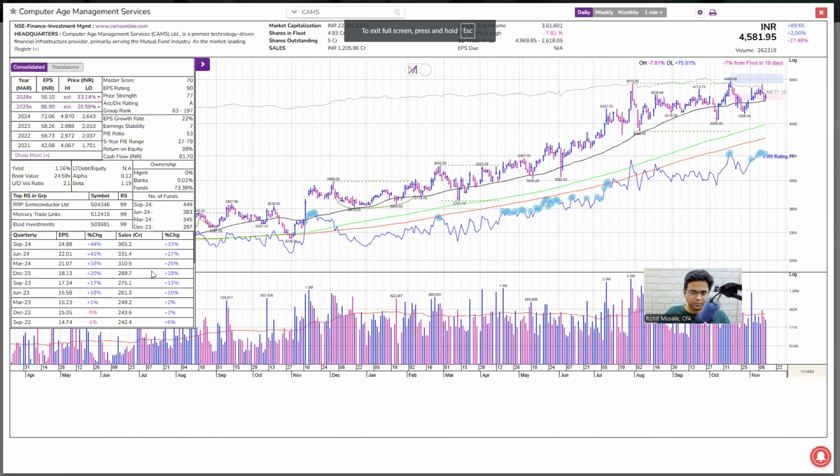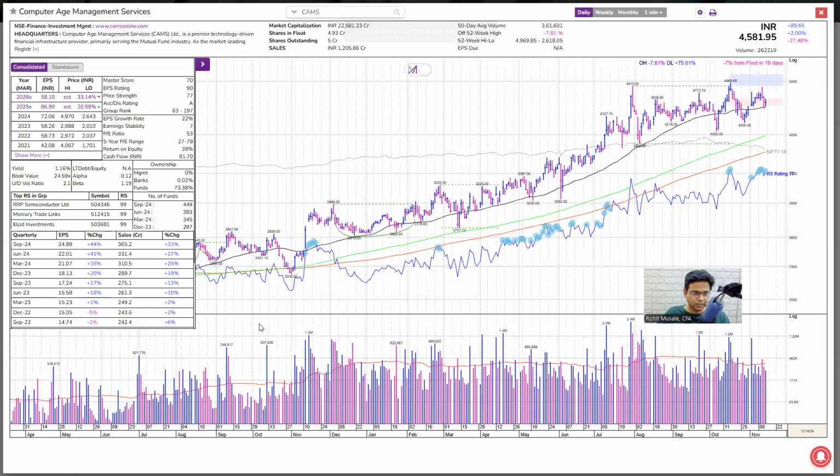Now have a look at this. Four things I look for in fundamental analysis: the sales growth, the earnings growth, return on equity, and margin expansion. If you see this stock, the EPS growth in the last 3 quarters shows double-digit growth and accelerating growth. So 38, 41, 44.